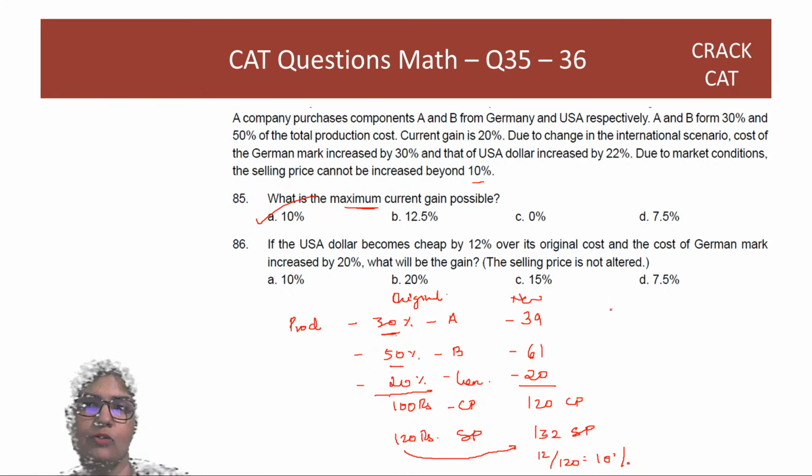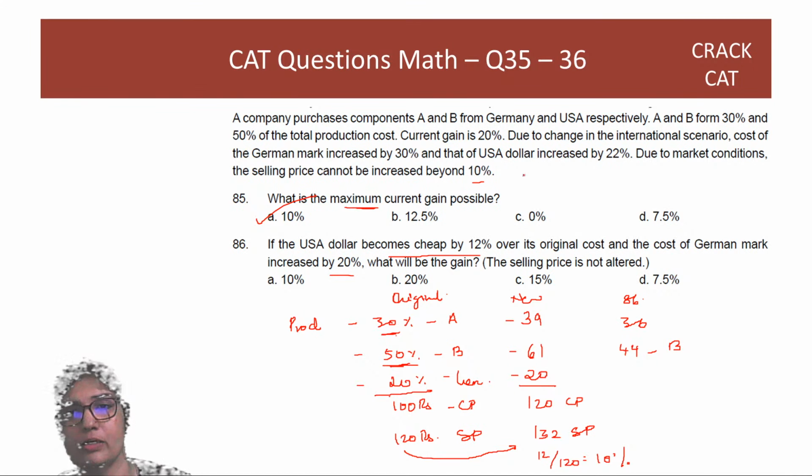Now our scenario for the 86th question. If the USA dollar becomes cheap by 12%, तो जो 50 है, right? वो 100 पे 12 तो 50 पे it will become 44. And the cost of German mark increased by 20%, so this becomes 36. What will be the gain?